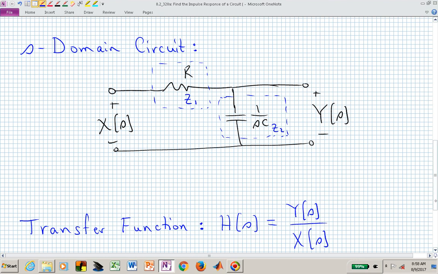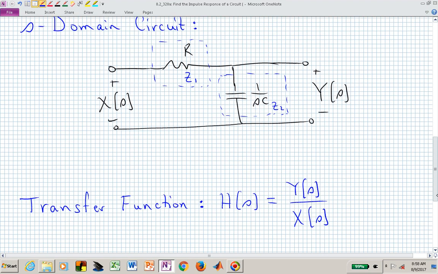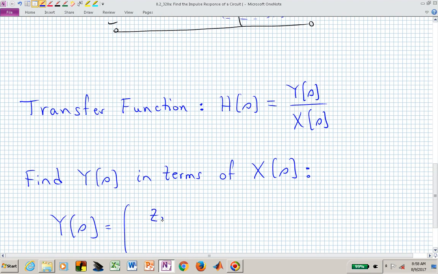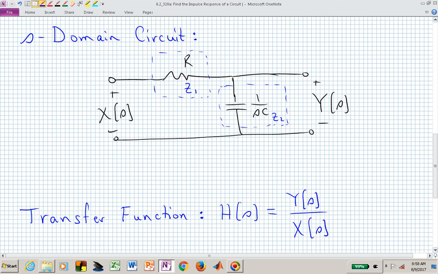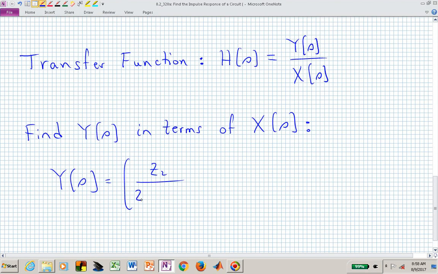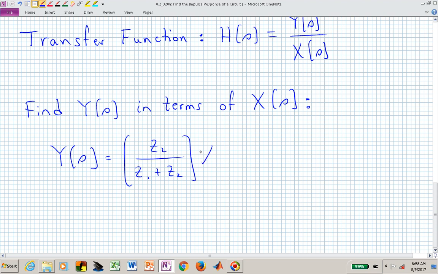So that Y of S, in terms of X of S, becomes as follows. We can say that Y of S is now simply going to be the output impedance, Z sub 2, over the sum of the impedances, which is Z1 plus Z sub 2. That now scales the original signal X of S.